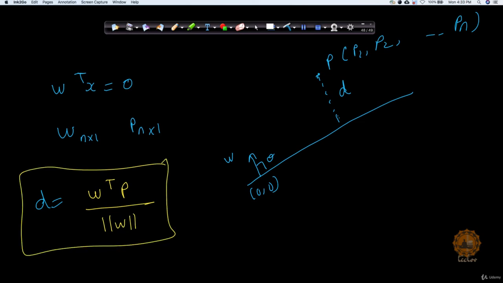This is the formula for doing this. Now this proof I would leave as an exercise for you to do. If you need any help, feel free to post it on the discussion forum. I would be more than glad to give you some hints for it. But in machine learning, the focus will not be on proof, because proofs become too intensive, and I really don't want to go into all that.